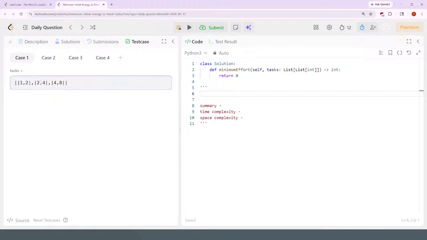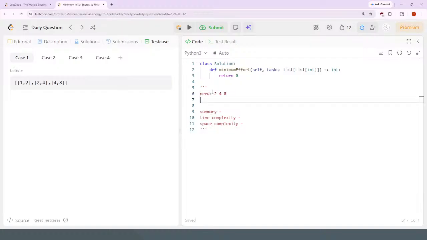So 2, 4, 8 are the levels. Let's say requirements: need 2, 4, 8, and then subtract 1, 2, 4.